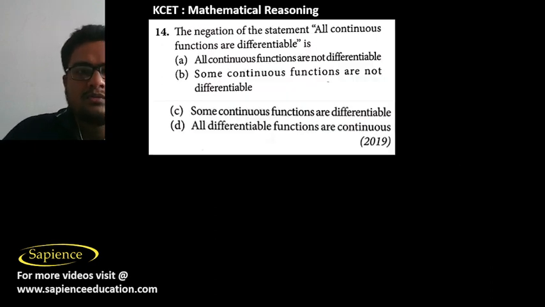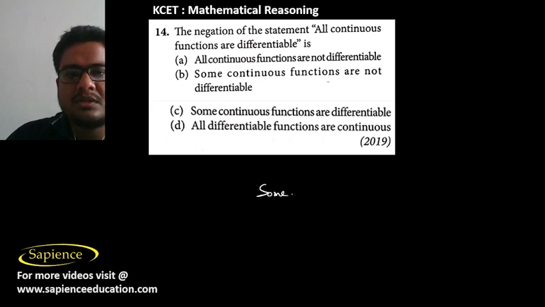Then in question number 14, it is told the negation of the statement: all continuous functions are differentiable. The negation of the statement is: some continuous functions are not differentiable. So option B is the correct answer.